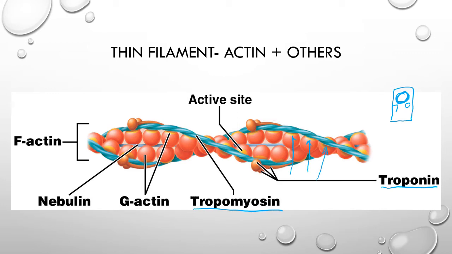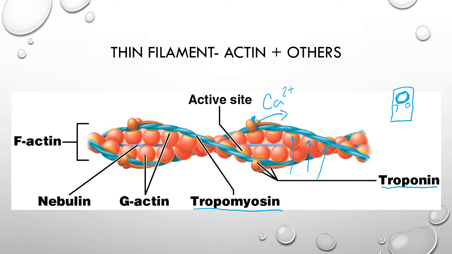And normally when a muscle is relaxed, all of this green tropomyosin covers over those binding sites. So that's our door. It's blocking our way to the actin behind the door itself. But if a little calcium comes along and binds to our troponin, that's going to change the shape of that troponin.